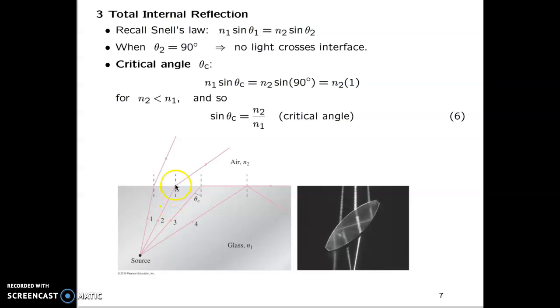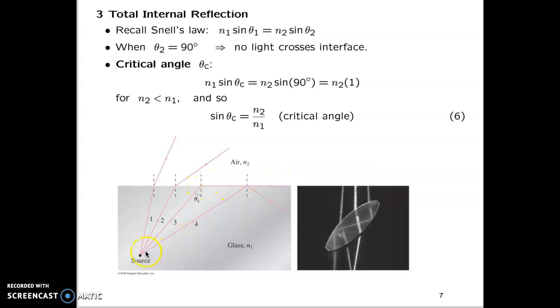What we find is this refracted ray will tend to bend more as well. But then there will be some angle that we call the critical angle, where the refracted ray of light will just skim the surface of the interface. The light won't actually go out into the second medium, but it will just skim the surface here.